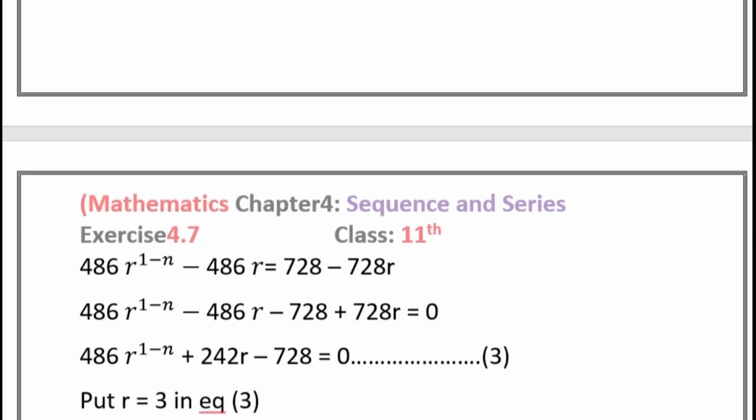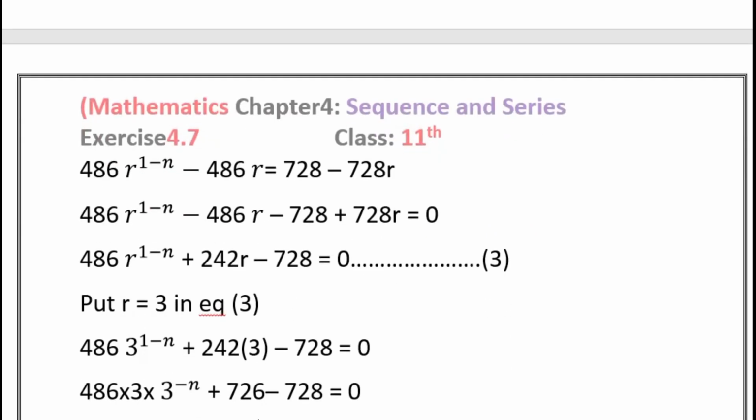Next put r is equal to 3 in equation 3, so equation 3 becomes 486 times 3 power 1 minus n plus 242 into 3 minus 728 equal to 0.